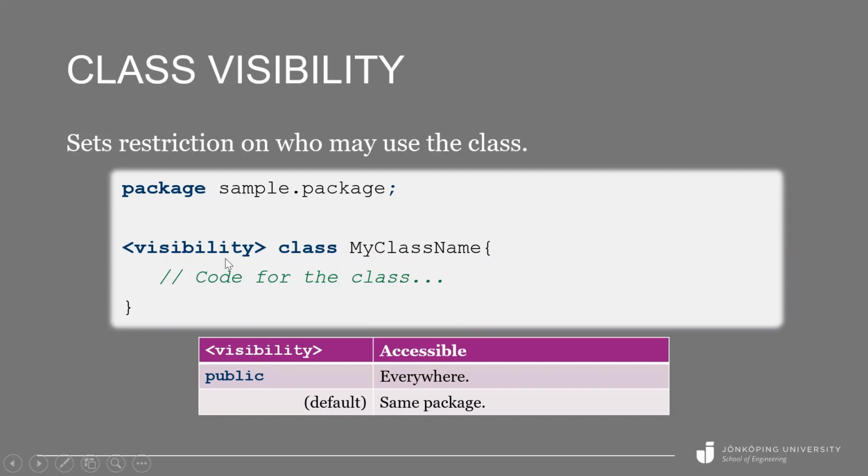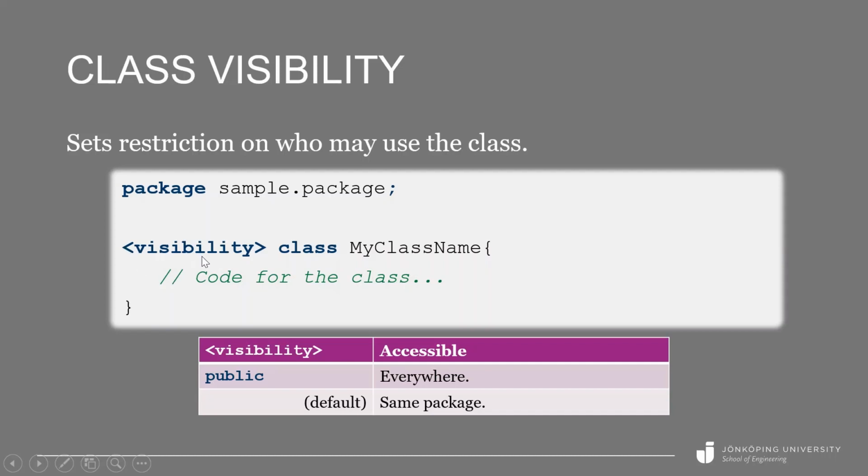So if you write public here, then it's a public class. If you don't write any visibility at all, then the visibility becomes the default visibility. If it's public, then anyone can use this class. Other classes inside your own package can use the class, but also classes inside other packages can use it.